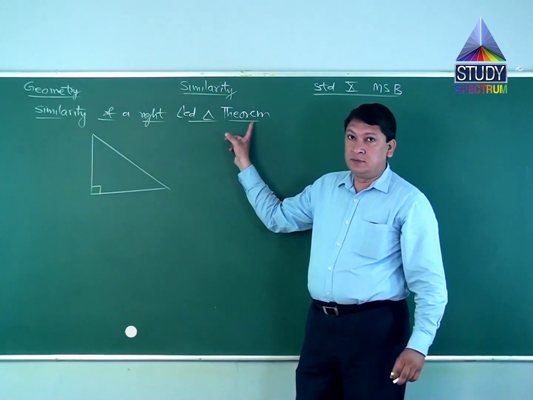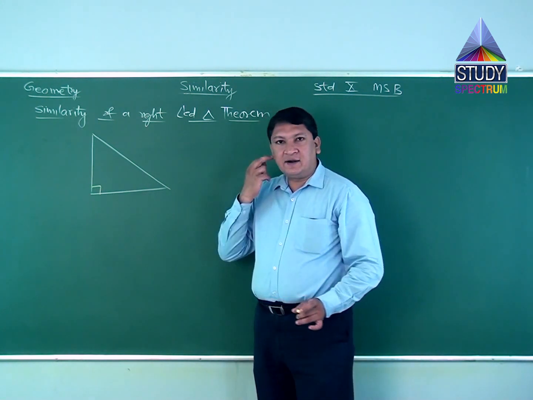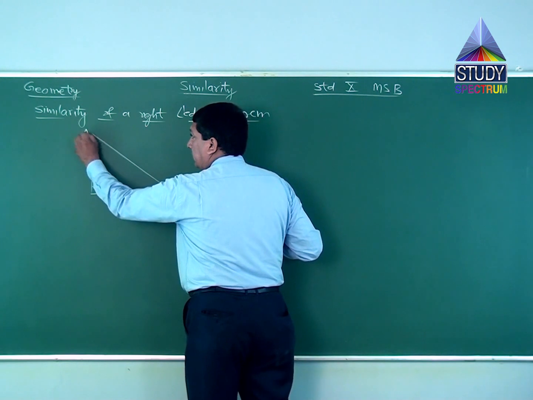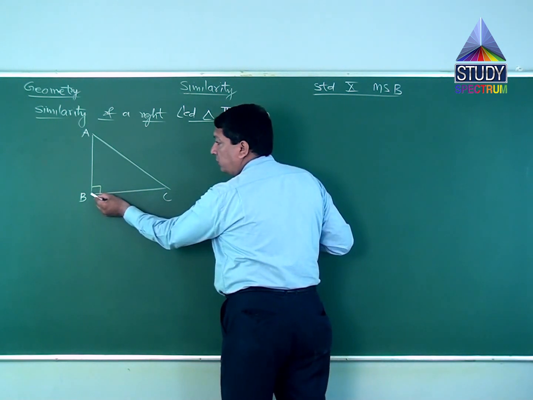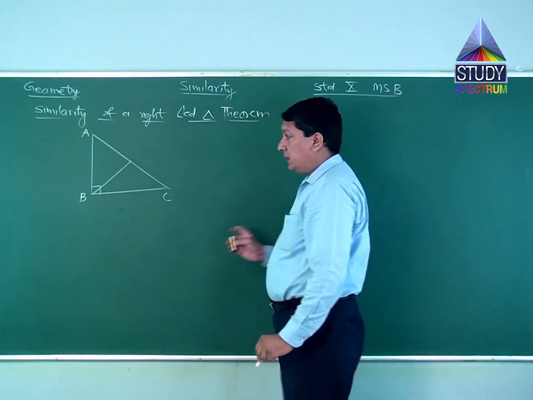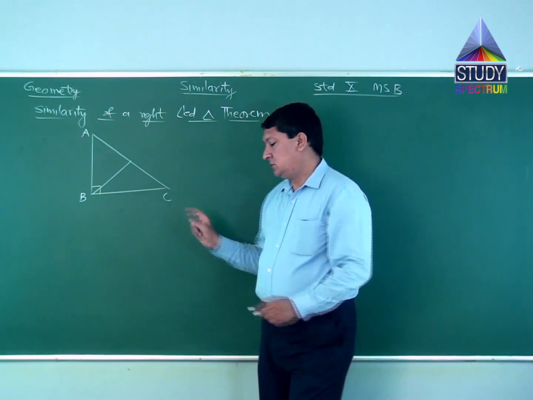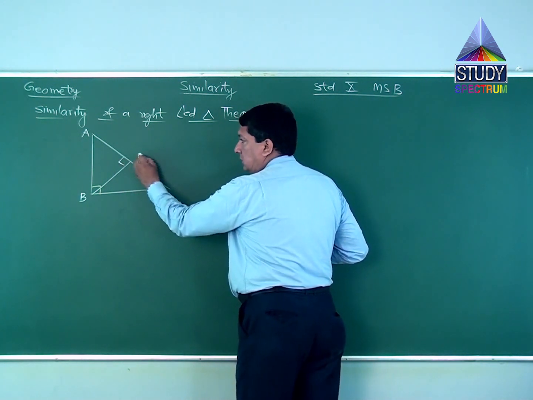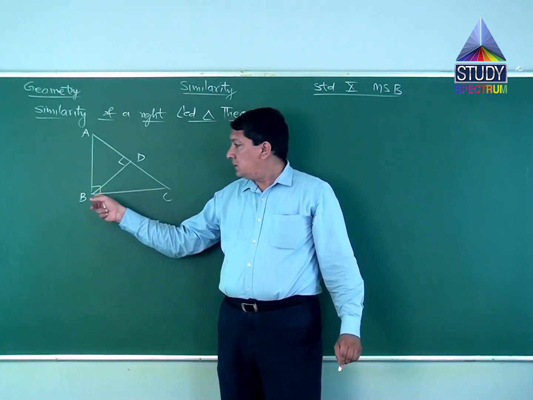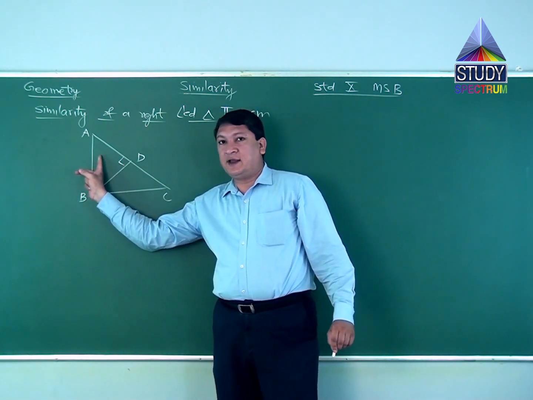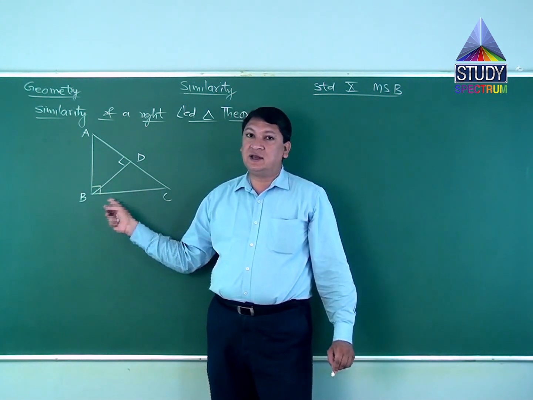In any right angle triangle, I am naming this triangle ABC, if a perpendicular is drawn from the vertex of the right angle to the hypotenuse, then the triangles on either side of this perpendicular, on this side there is one triangle, on the other side there is another triangle, are similar to each other and to the original triangle.